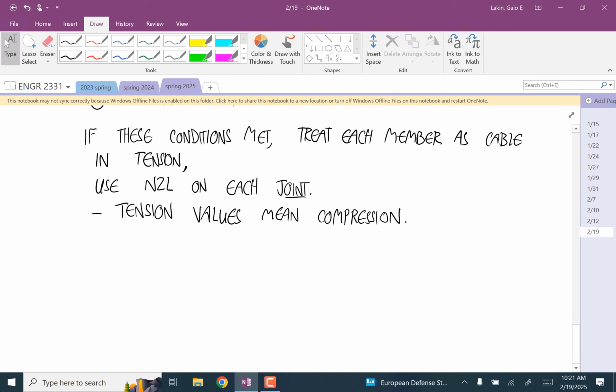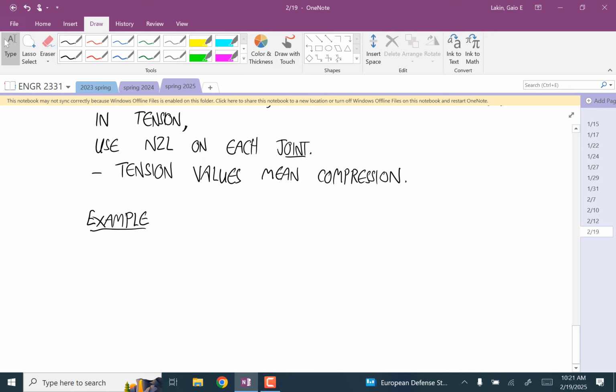Okay, let's do an example. Let's say we have this isosceles triangle that's connected to the ground by two pin joints.